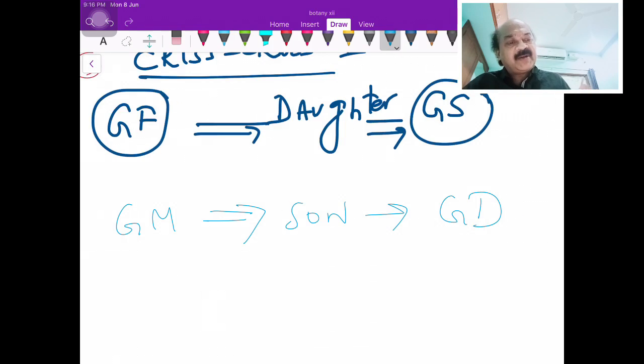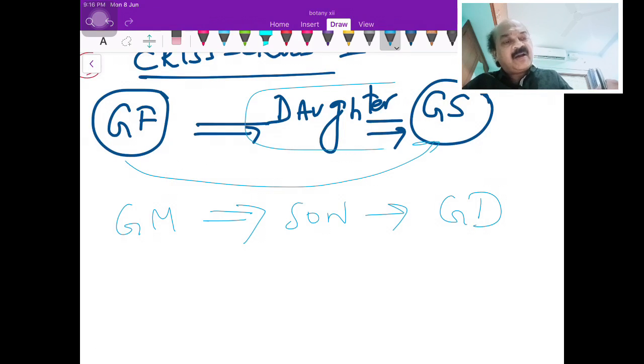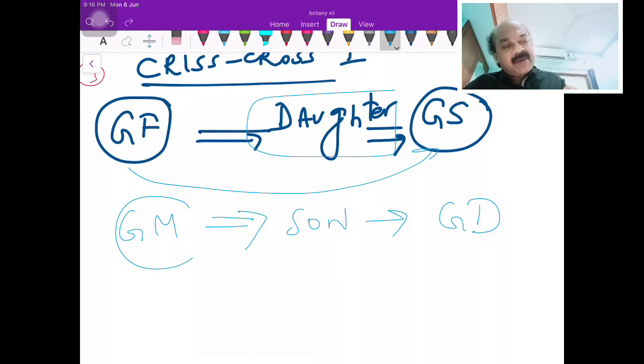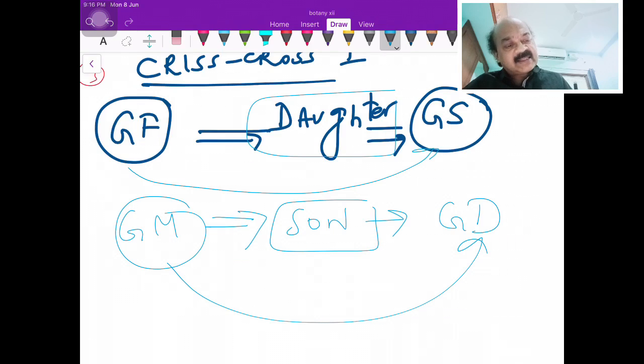It's always from grandfather to grandson via daughter, and grandmother to granddaughter via son. So this is the inheritance pattern, sex linked inheritance. The eye color gene is present on the X chromosome and it follows a crisscross inheritance.